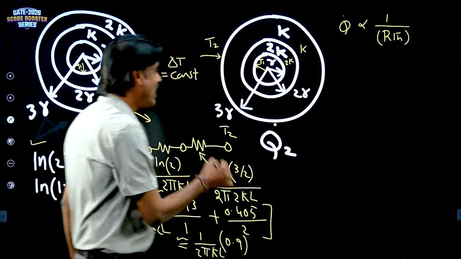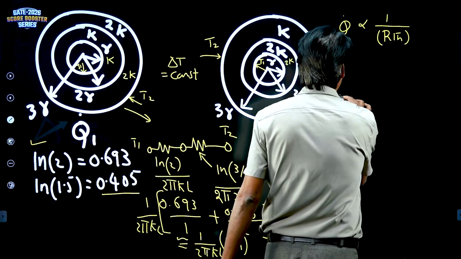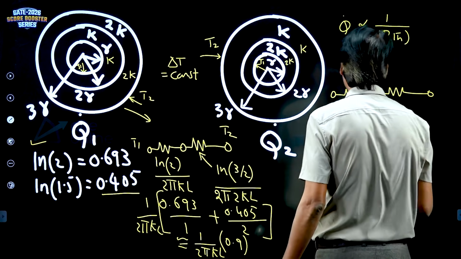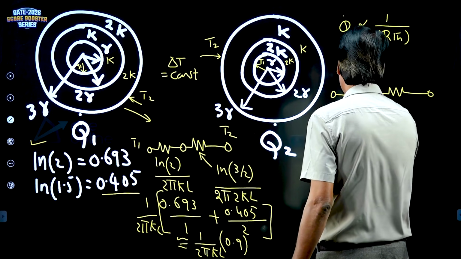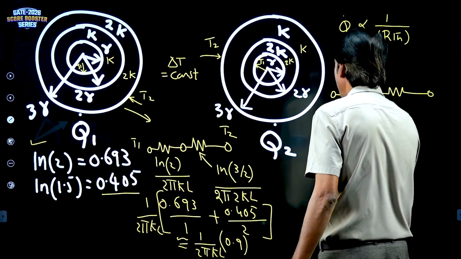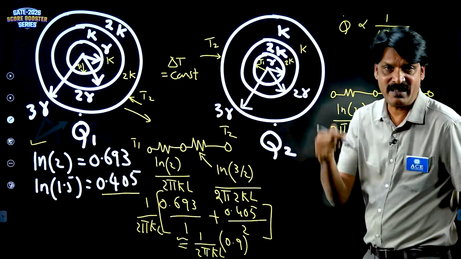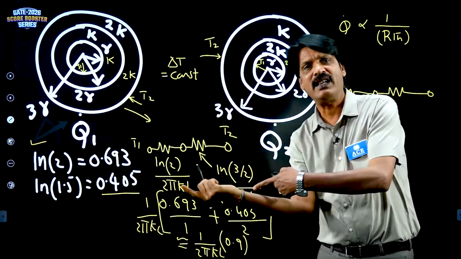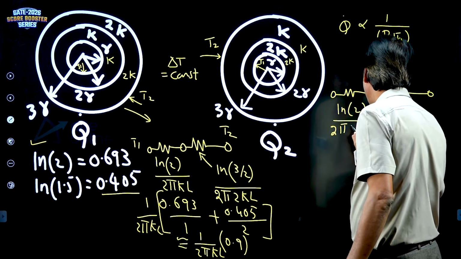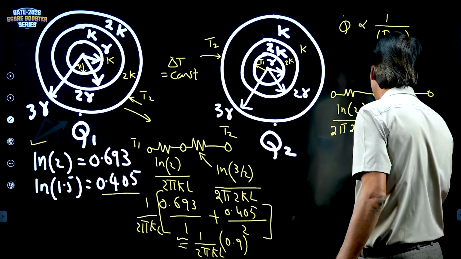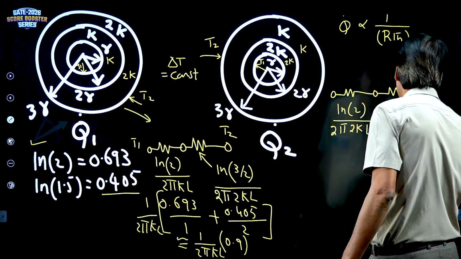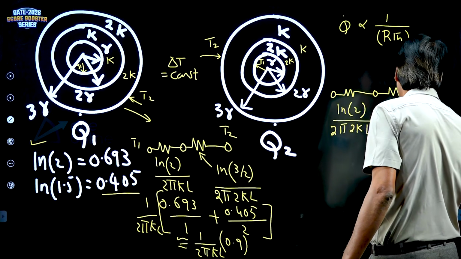Now taking the second situation, that means high thermal conductivity material is kept inside and low thermal conductivity material is kept outside. In this particular case, log 2 divided by 2 pi into 2K into L, plus log 1.5 by 2 pi KL.